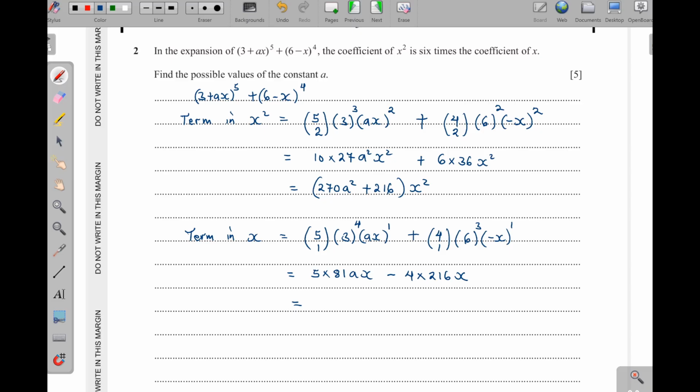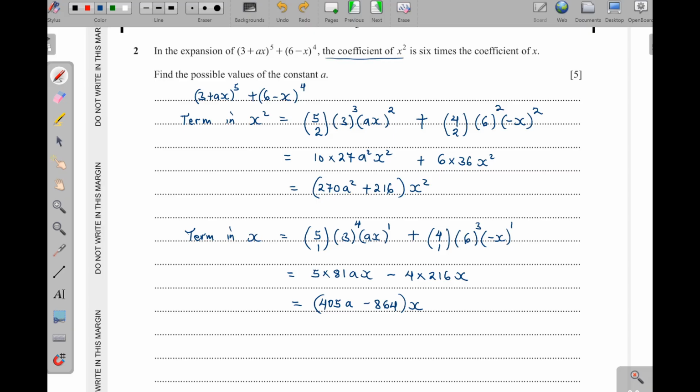And then add on a 5, that will be 405 of a, and then here times 4, 16 times 4 is another 64, and then 4 times 2, that is 8, so we shall have 8, then 64 of x.